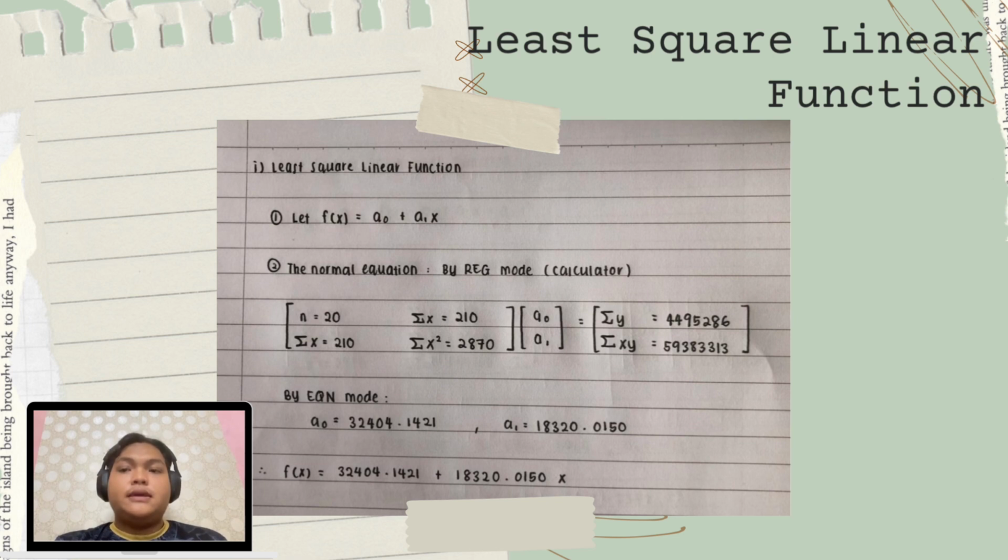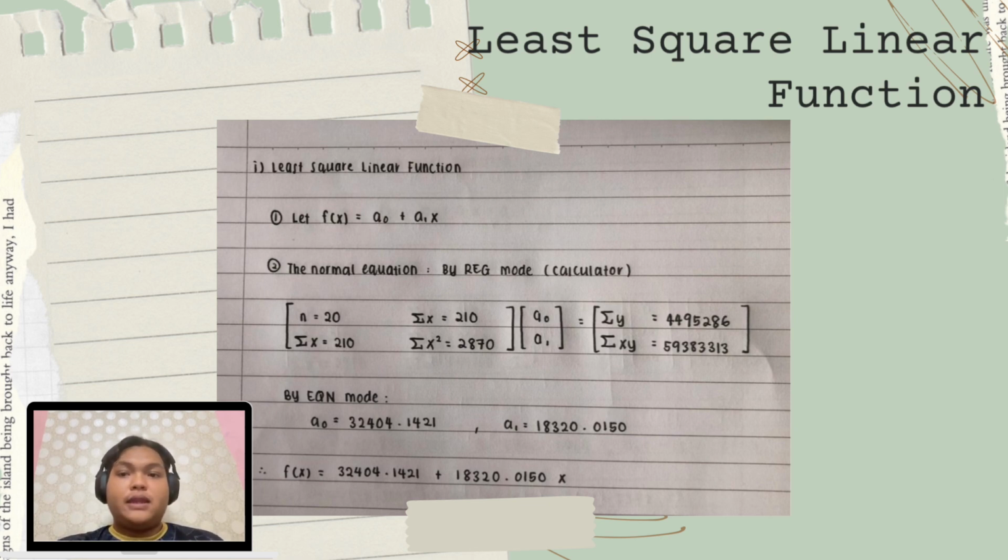So we will get the a0 is 32,404.1421. And for the a1, we will get 18,320.0150.